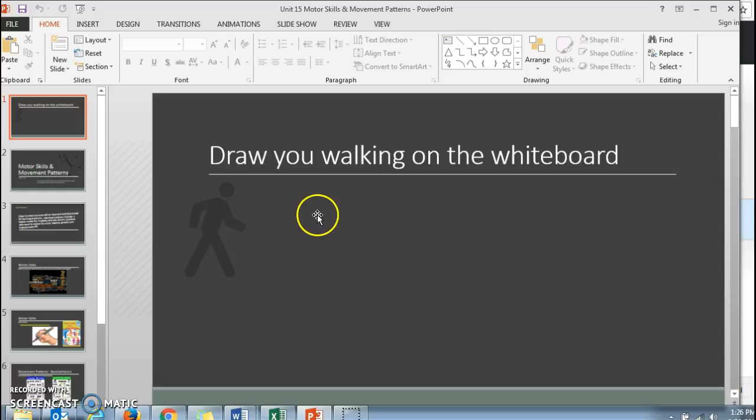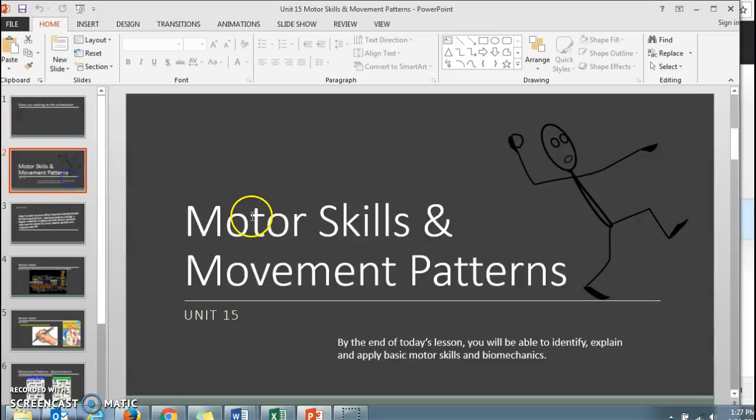Just like I'm doing right here, you can't see it on the screen, but I'm drawing that guy. That is because we are discussing motor skills and movement patterns today. When you're drawing yourself on the screen with your mouse, you're actually using some fine motor skills, and we're going to talk about that a little bit.